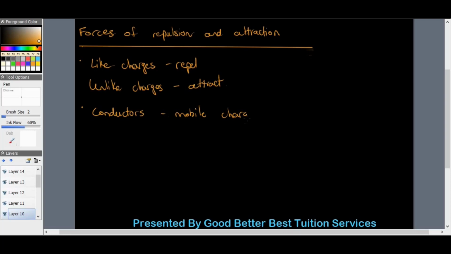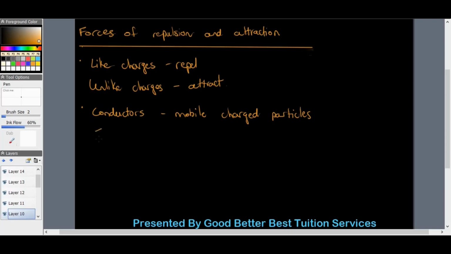In other words, these particles are free to move around the material and also free to be transferred from one material to another. That's why we say conductors are very good at allowing electricity to flow through them. They can conduct the electric charge very well.